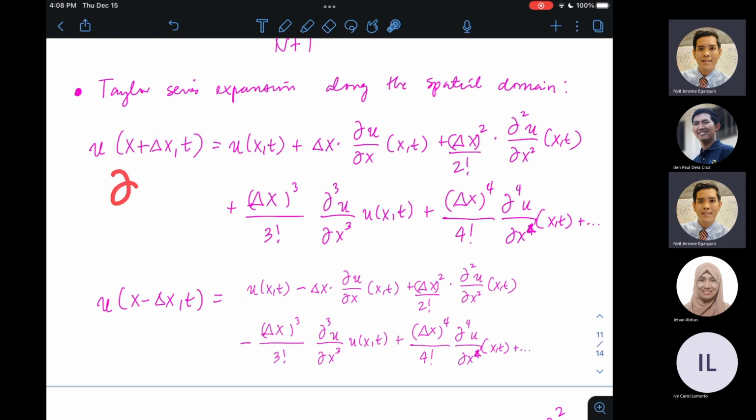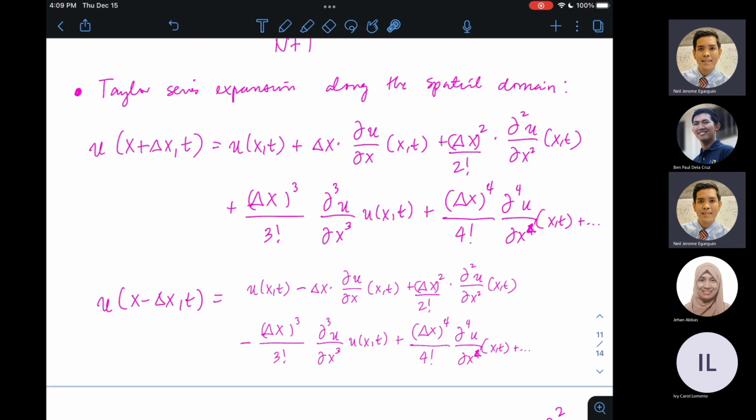Kasi second partial lang ni u with respect to x ang kailangan ko. So hindi nagbabago yung t, hindi nagbabago along the t dimension. So yung x lang talaga ang babaguhin ko. So in the Taylor series expansion, I will just hold the time variable to be constant. So parang function lamang siya ni x. So I'll get the expansion of u at x plus delta x and x minus delta x.